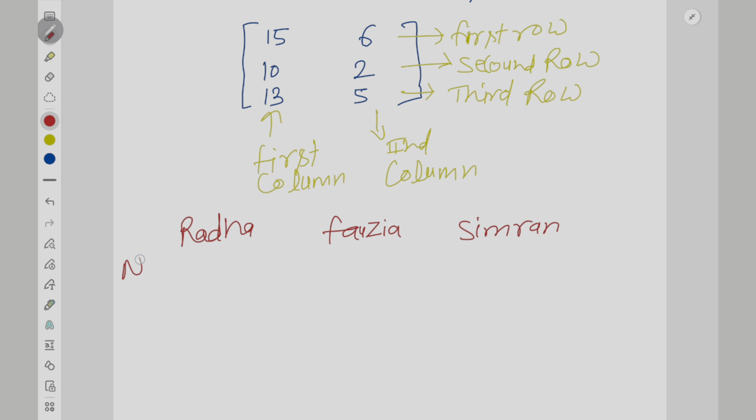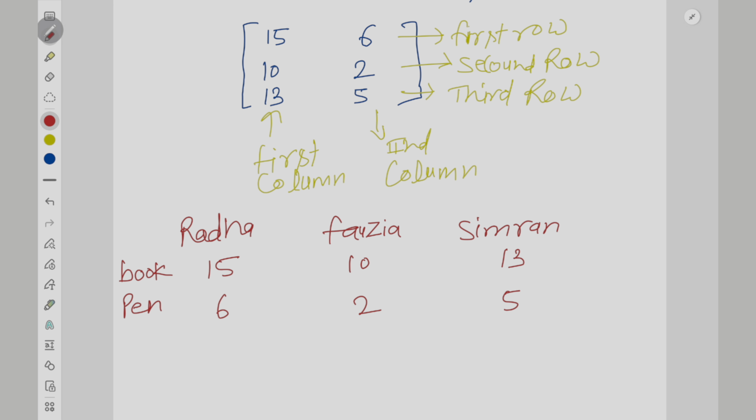The first row is books and the second row is pens. Radha has 15 books, Fazia has 10 books, and Simran has 13 books, and Radha has 6 pens, Fazia has 2 pens, and Simran has 5 pens.